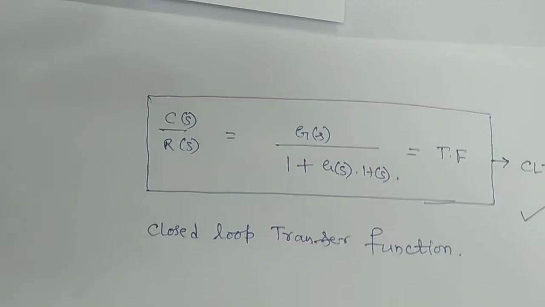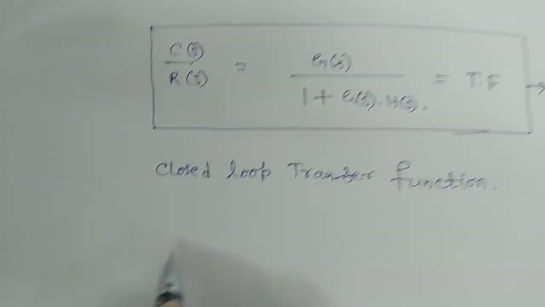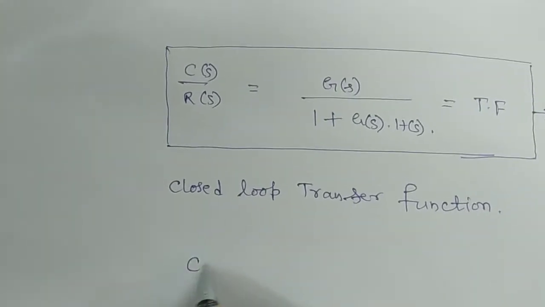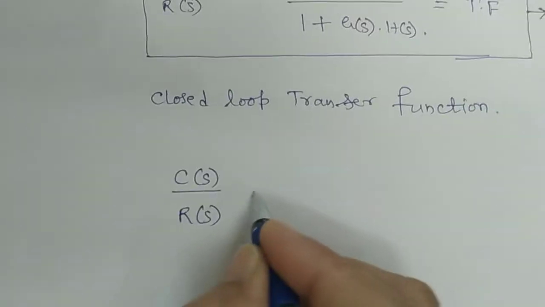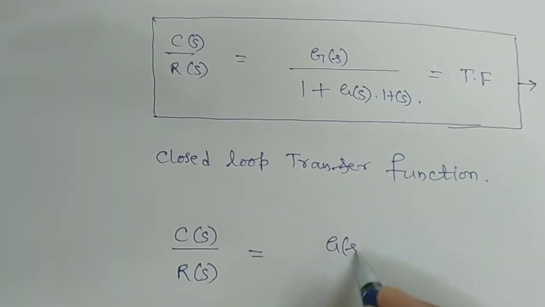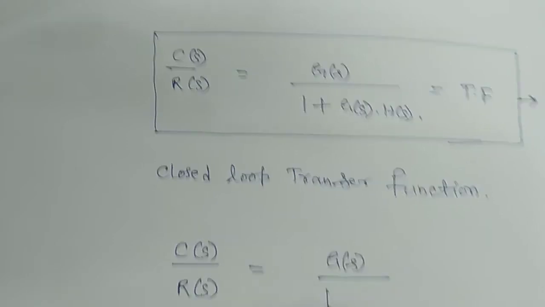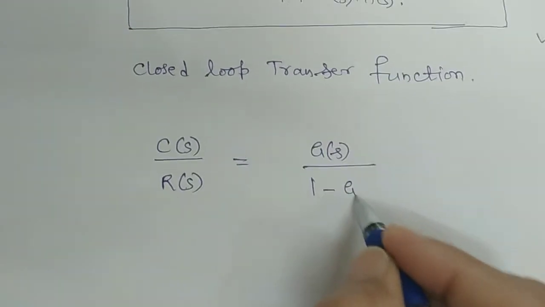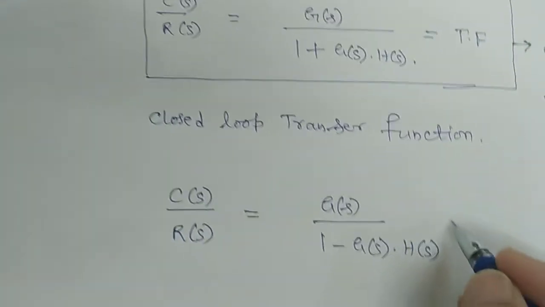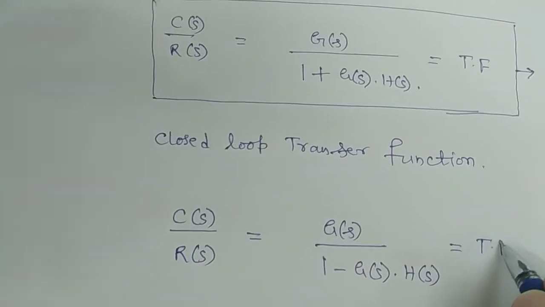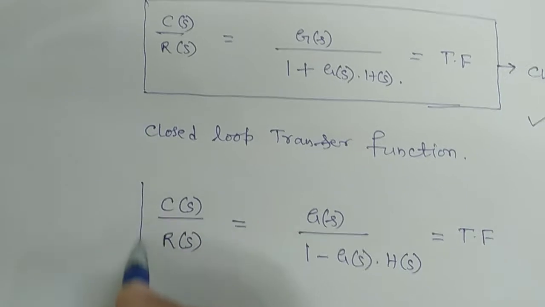Whereas in my previous session we have seen that with positive feedback. Have you remembered that? I will write it for your benefit. C(s) by R(s) is equal to G(s) by 1 minus G(s) into H(s). I think you might have remembered. I will put this in a box.